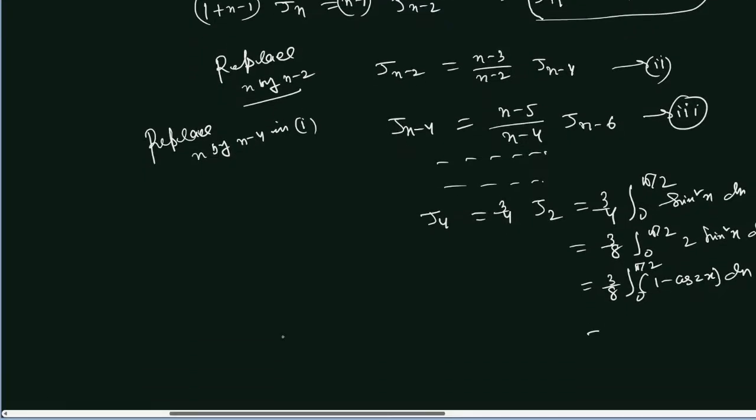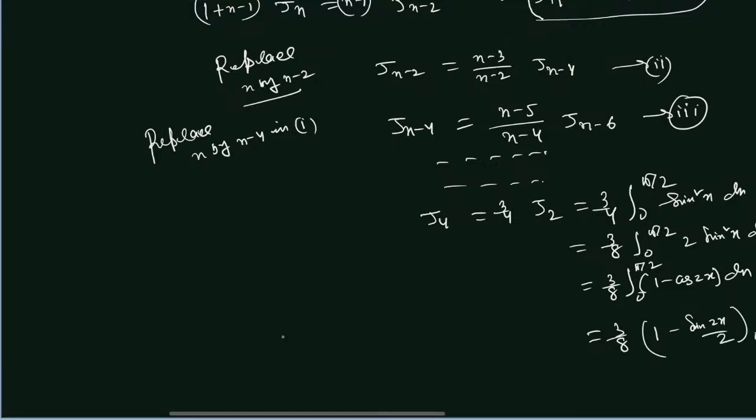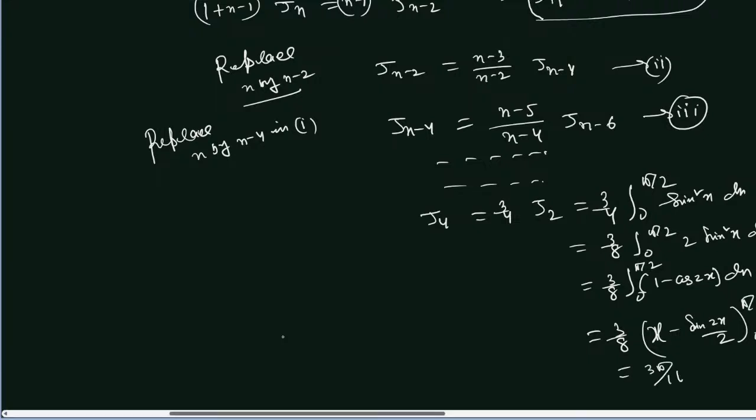So this will be 3 by 8 times [x minus sine 2x by 2], 0 to pi by 2. So this changes to 3 pi by 16 by taking n even.